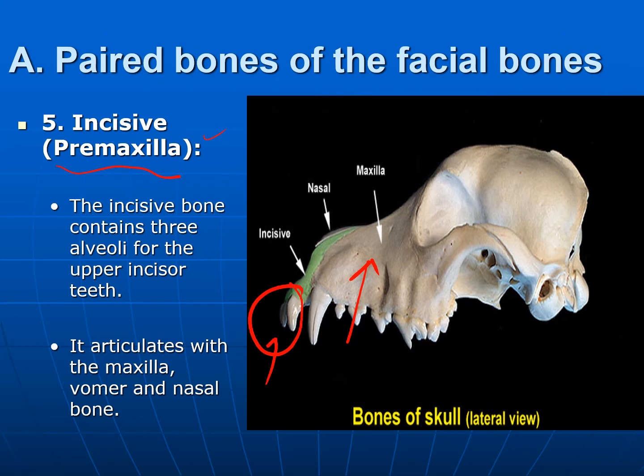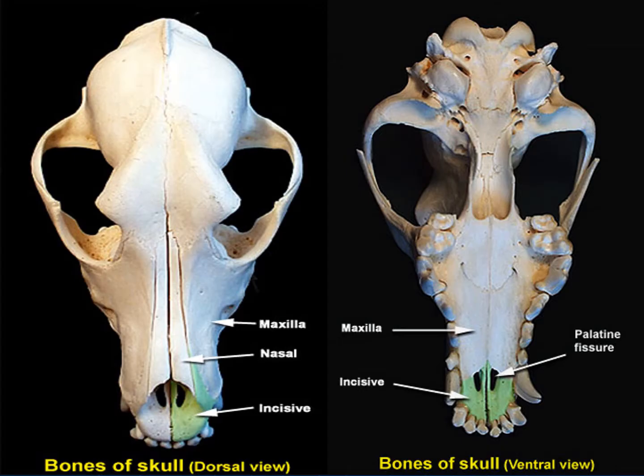Mostly the incisor teeth are found in the incisive bone, and this bone articulates with the maxilla, with the nasal bone, and also with the vomer bone that we are going to talk about later. All of this bone is the incisive, and you can see it carries the alveoli for the incisor teeth.